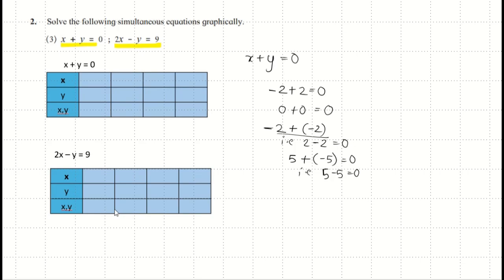Numbers minus 2 and plus 2, where x is minus 2 and y is 2. 0 comma 0, 2 comma minus 2, 5 comma minus 5.